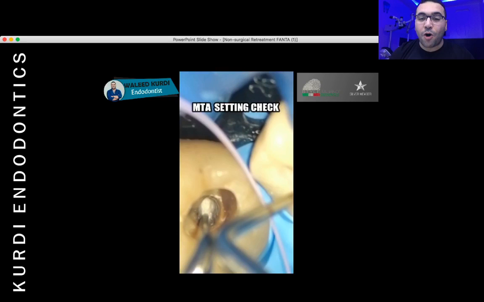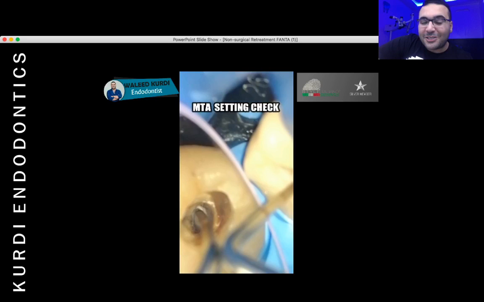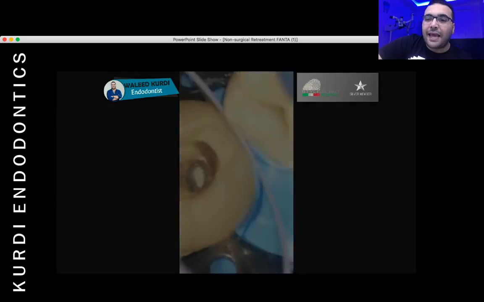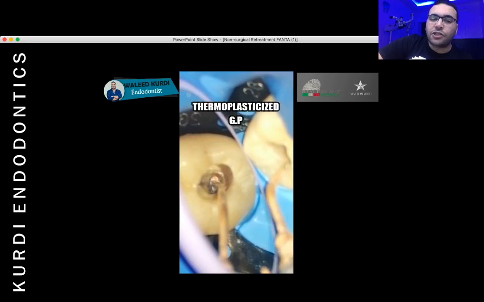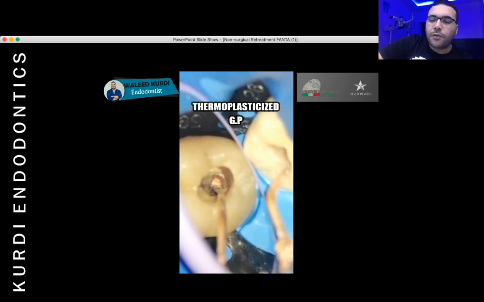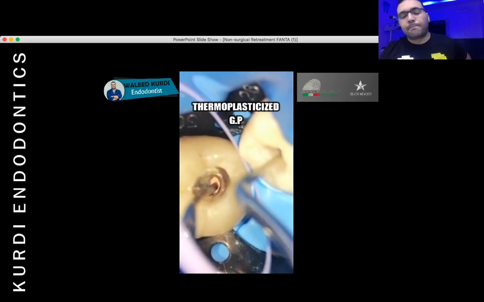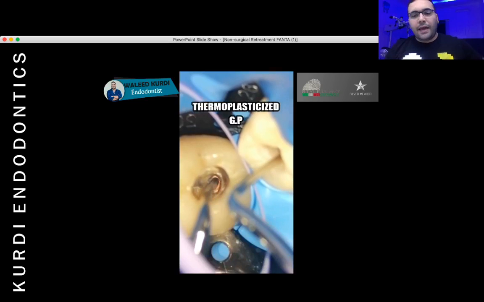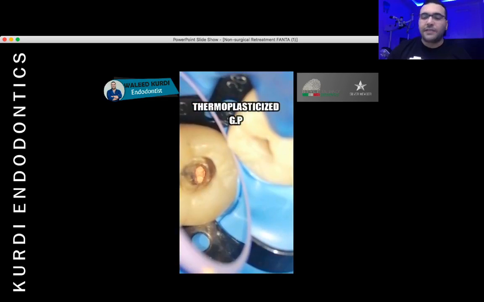Anyhow, after that I did check the MTA, and after that I injected my thermoplasticized gutta-percha inside the canal up to the orifice. And then after that the patient was fine and everything disappeared.